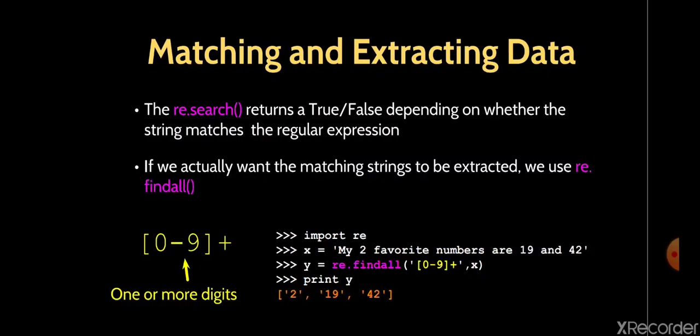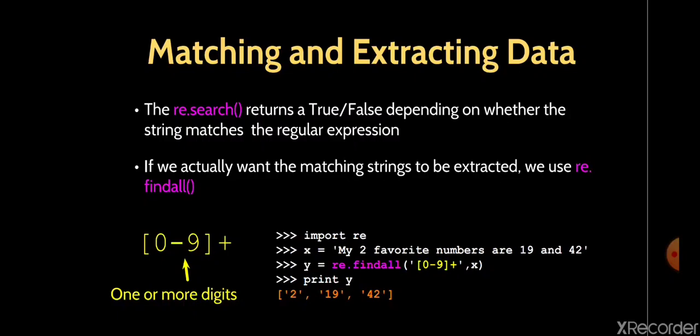This particular findall will start scanning from left to right and will match the numbers identified in the sequence. The return value of findall is always a list. So it will return a list which contains the elements 2, 19 and 42.